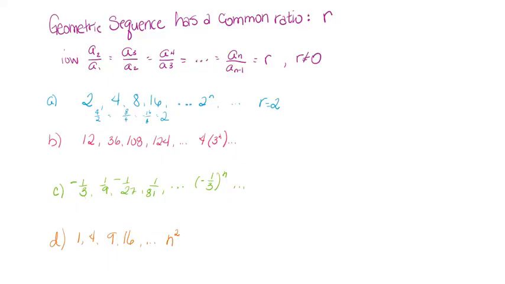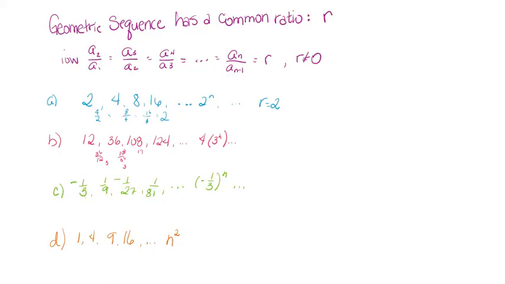So let's look at the second one here. If I take 36 and I divide it by 12, that gives me 3. And if I take 108 divided by 36, that's also 3.